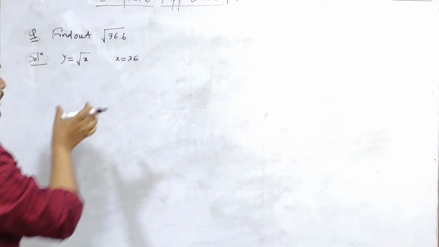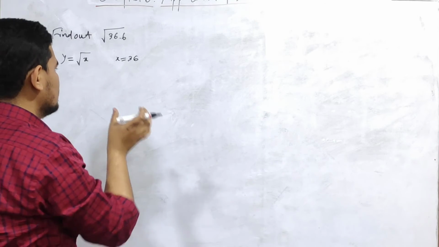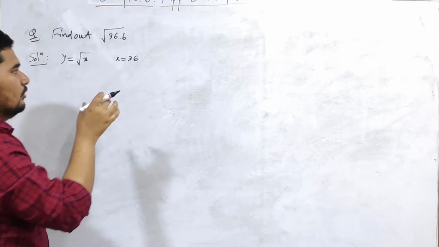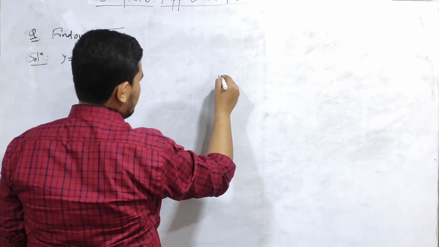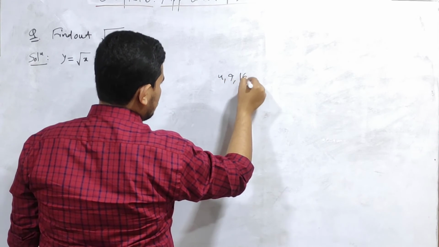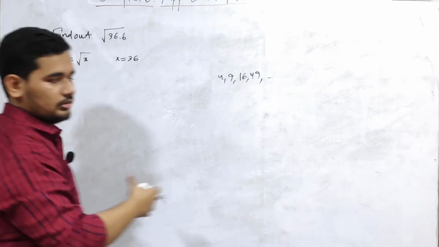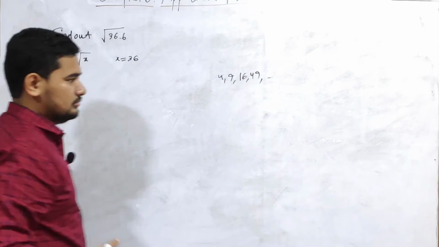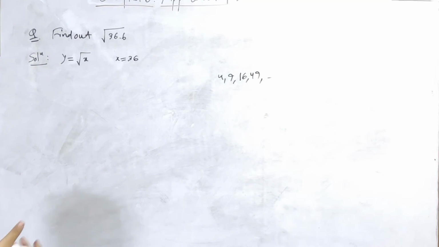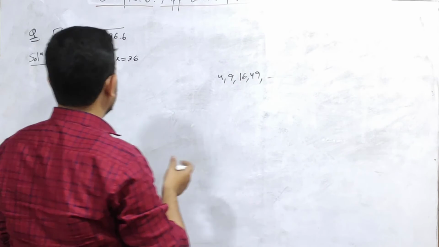So always take that value of x whose square root you already know, like the perfect squares, like 4, 9, 16, 49, of that sort. So you can always tell the root value of x directly, without having to calculate anything. You do not have to use any calculator for that purpose.